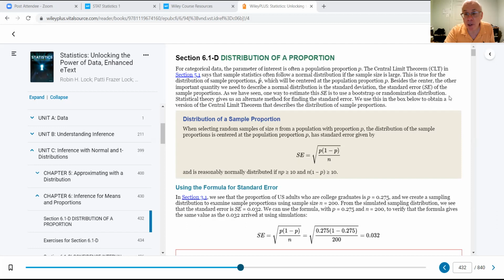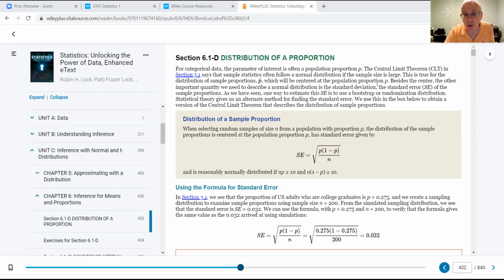If you remember, way back when we talked about the central limit theorem, this is for when we are trying to estimate a population parameter with a sample statistic. Basically, the central limit theorem says that sample statistics often follow a normal distribution if the sample size is large enough.